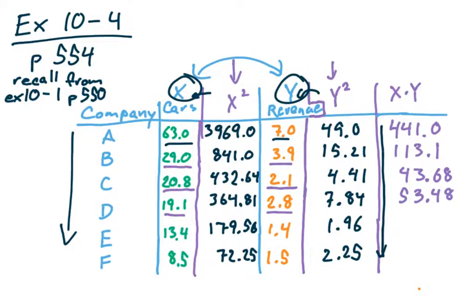Just a little trick like that can help you focus just that much more. And so there we just did 13.4 times 1.4, and we got 18.76. And then finally, 8.5 times 1.5, the calculator says 12.75.